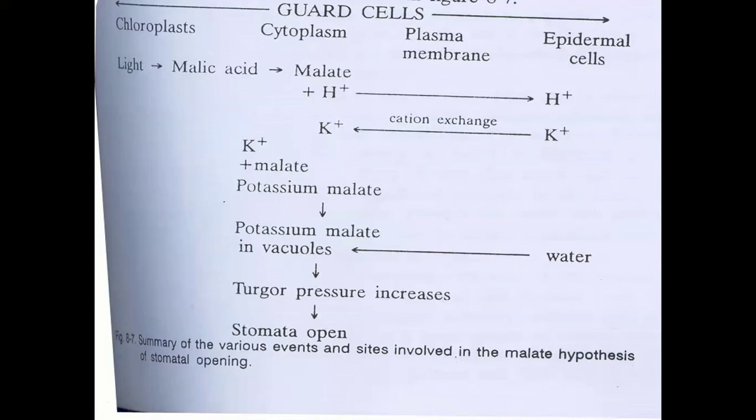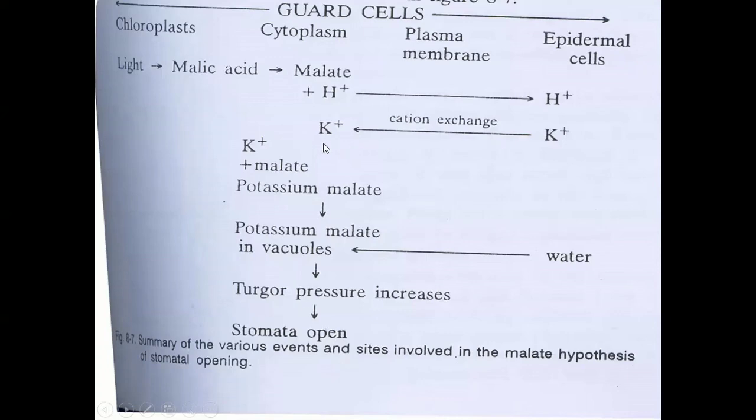Likewise, the same event occurs in reverse: the potassium ion moves outside the guard cell, and there is entry of the hydrogen ion inside the cell, and due to this there is a decrease in the concentration of potassium malate, a decrease in turgor pressure, and the stomata become closed.